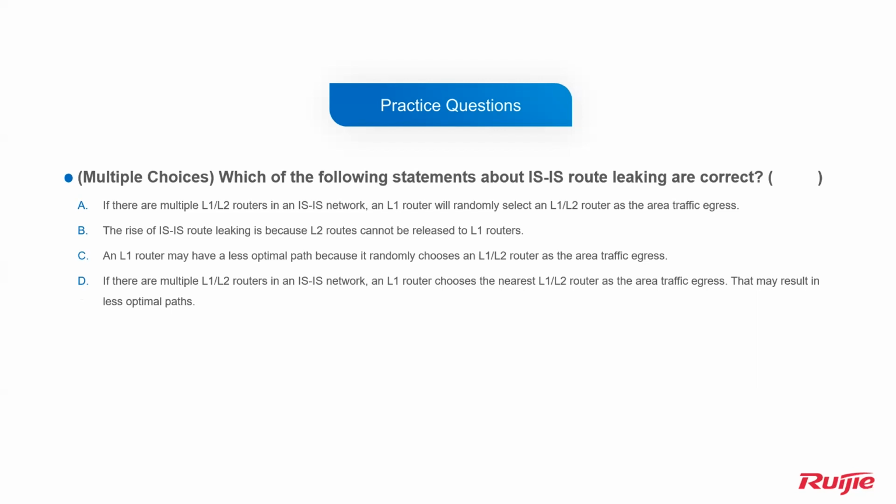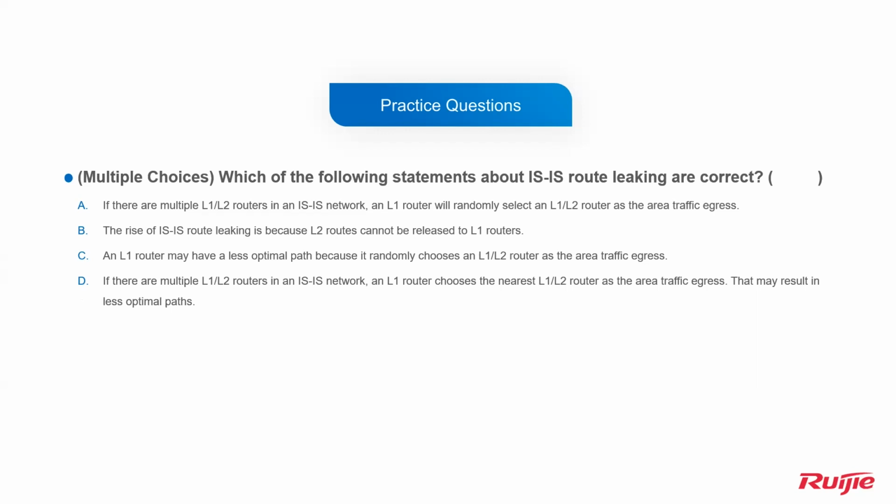Option B, the reason for ISIS route leaking is that level 2 routes cannot be released to level 1 routers. This option is correct. By default, we don't support level 2 routes into level 1 routers. Option C, a level 1 router may have a less optimal path because it randomly chooses a level 1 and level 2 router as the area traffic egress. So option C also is wrong, the same reason as option A, right?